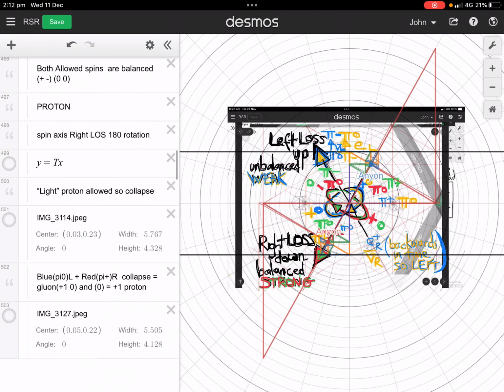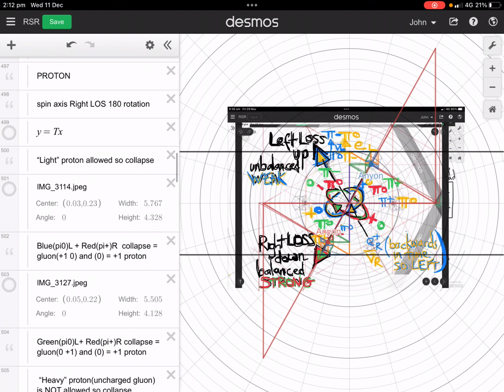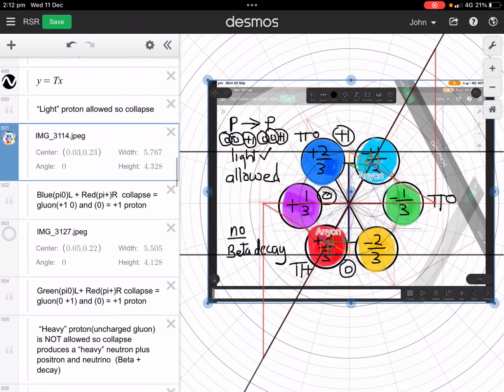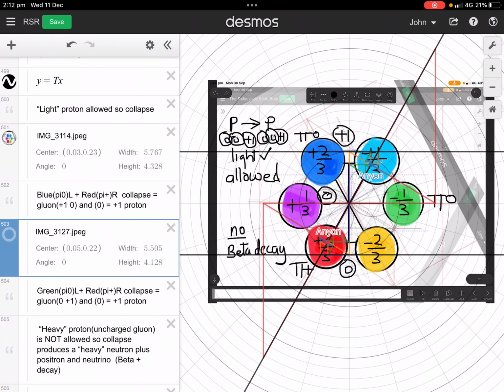And I'll show it down here. So you've got a proton, and along this right-handed axis, it looks like the blue magenta is swapping places with the yellow-green gluons. So it just looks like they're swapping places.